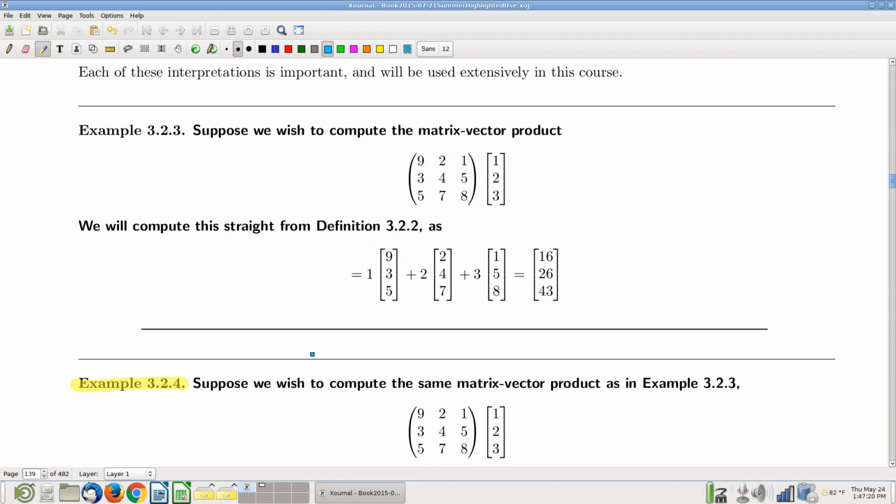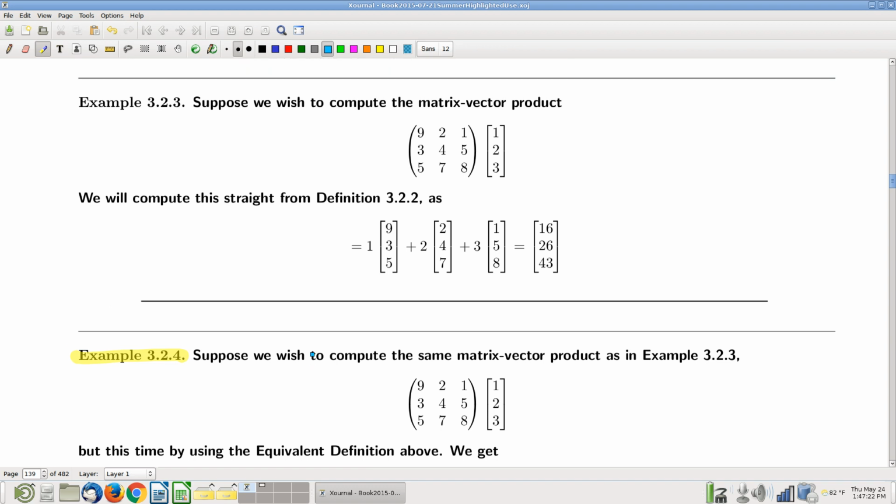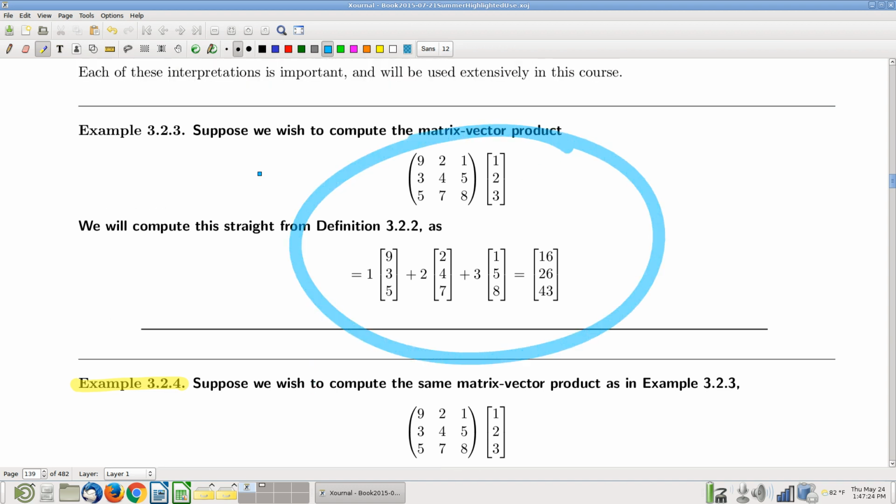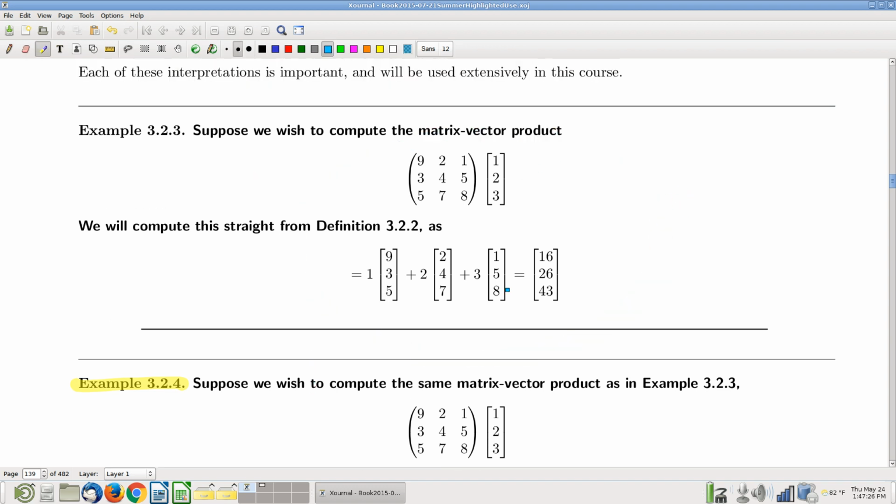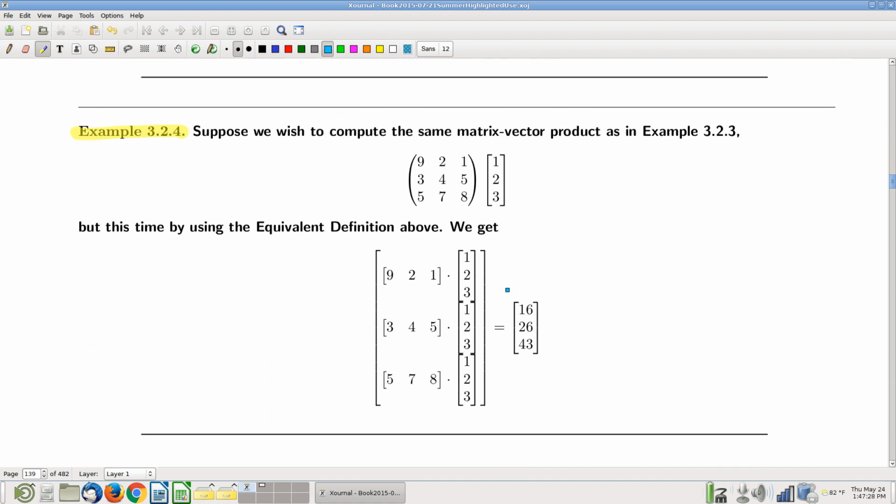Now let me do the exact same arithmetic here. Here I did it as linear combinations of columns. Now I'm going to do the exact same question from a dot product point of view. So this dot with the vector, let's see, how am I going to do this? All three of the coordinates are dot products. Here, I'm going to use gray for that vector.